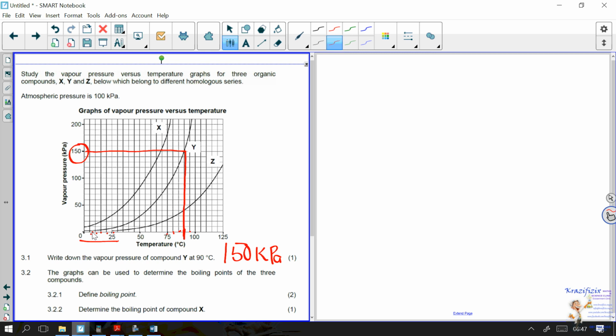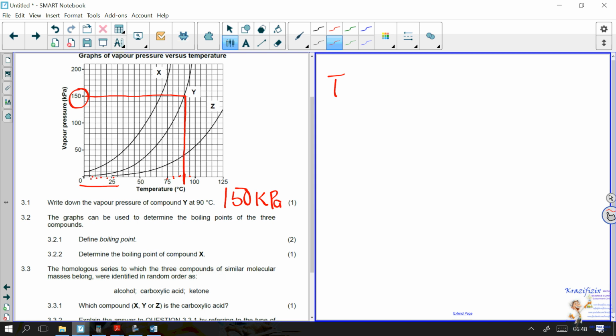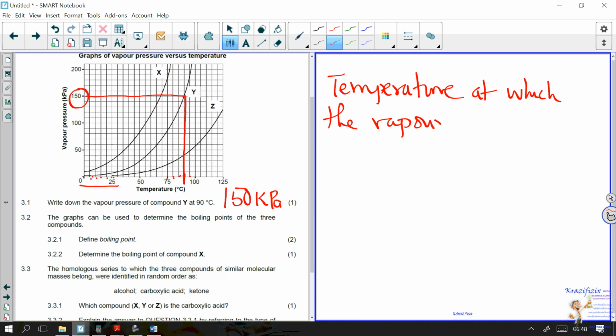The graphs can be used to determine the boiling point of the 3 compounds. All right, what is the definition of boiling point? It is the temperature at which the vapor pressure is equal to the atmospheric pressure.